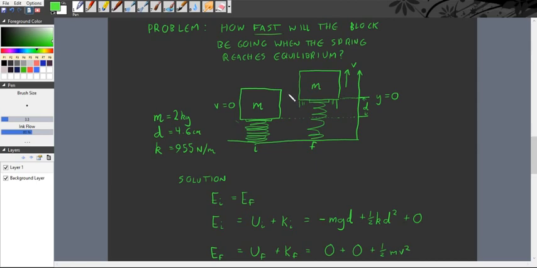Well, let's see. What sorts of energy do we have here? We have the stored spring energy. We're also moving vertically, so we have some sort of stored gravitational energy. And then we have a velocity change, so we're also dealing with kinetic energy. You know what I don't see here? I don't really see any reason to include any friction or drag.